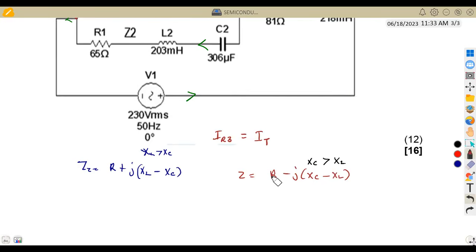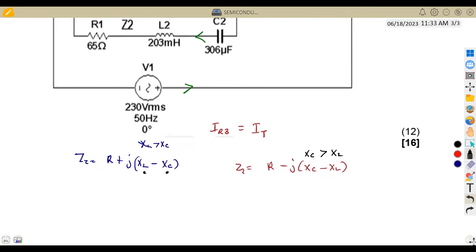So that means we are supposed to determine the XL and the XC so that we can compare the two. Remember that XL can be obtained from the inductor that we have. So XL is equivalent to 2 pi FL, which is 2 pi times our frequency of 50 hertz in this case, times the inductance, which is 203 times 10 to the exponent of -3, that is millihenries.